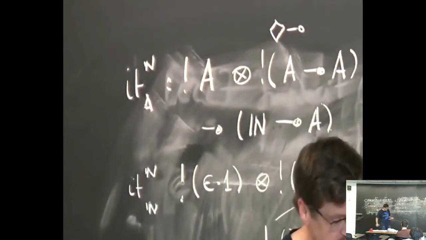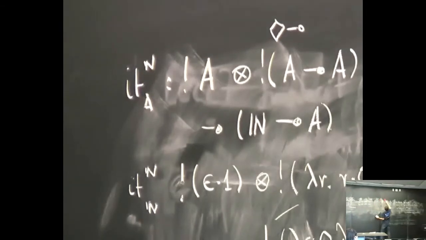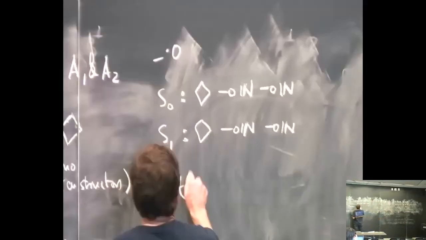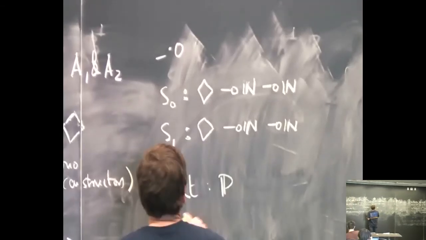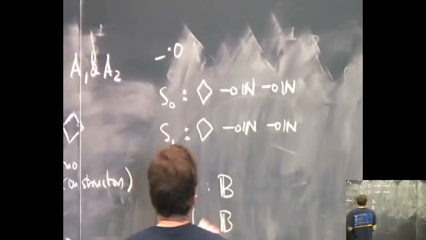So the Booleans are defined with two constants, true and false, right? So we have true is a Boolean and false is a Boolean, and they have size 0 because they're constants.